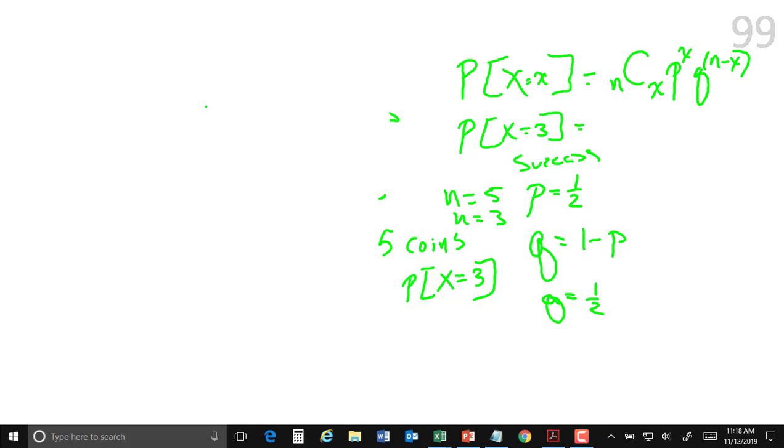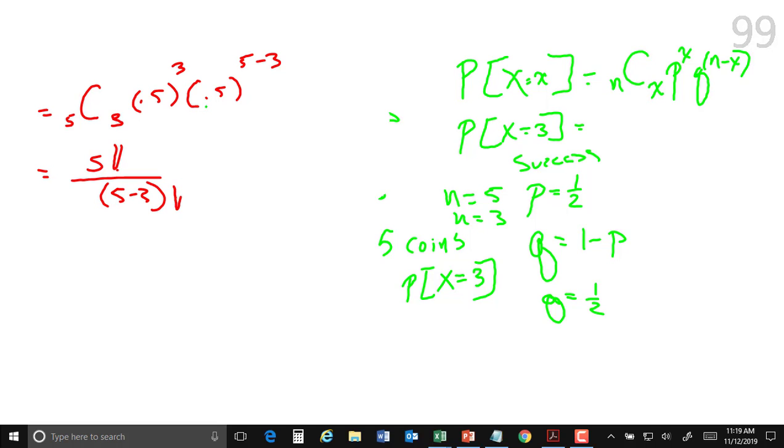I'm going to have n, which is 5, and then x is 3, and p is 0.5, raised to the 3, times the failure, 0.5 again, but now the power is n minus x, so 5 minus 3. The combination rule is n factorial, so 5 factorial, divided by (5 minus 3) factorial times 3 factorial, times 0.5 to the 3, and 0.5 to the 2. Any questions so far?